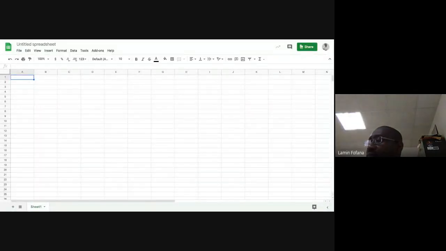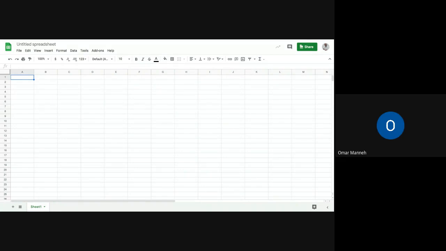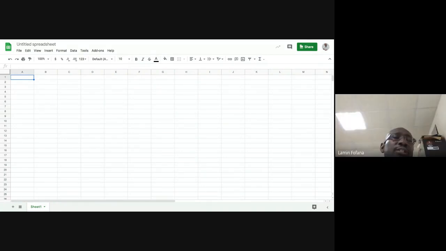And once you open a new file, what is the name given to it? Untitled spreadsheet, as you can see here. So you have to title it. You have to give it a name.